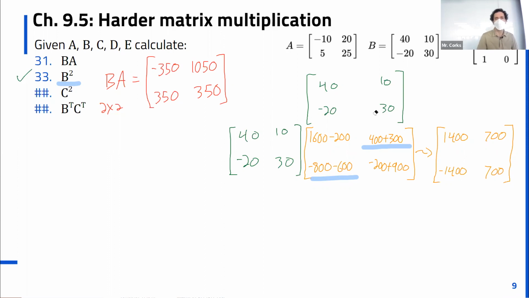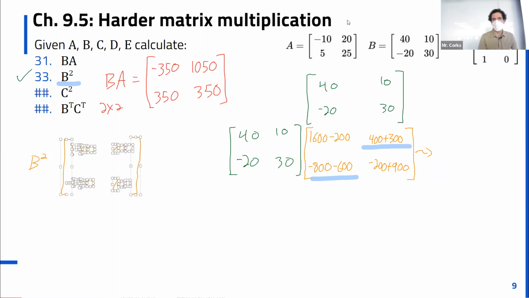All right, so that is our B squared, this matrix. All right, that was that one.